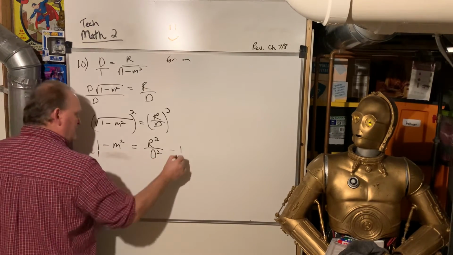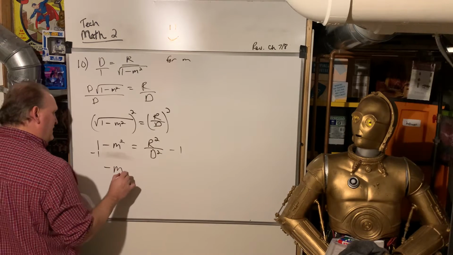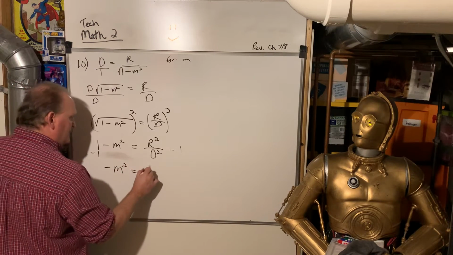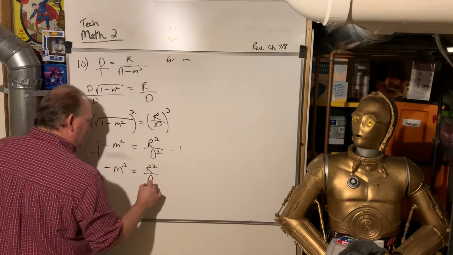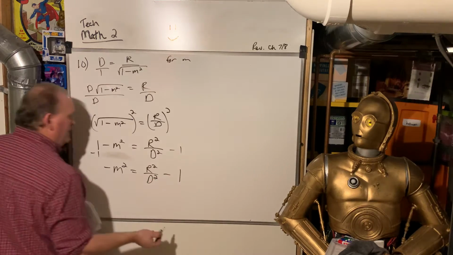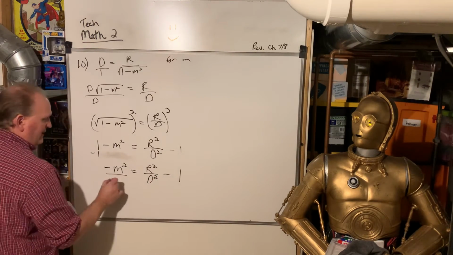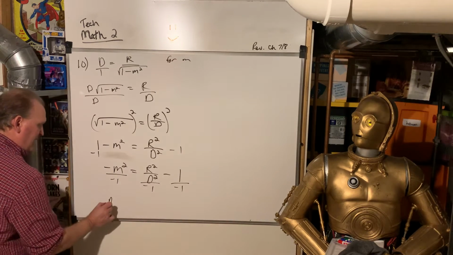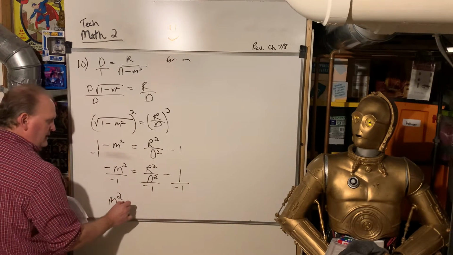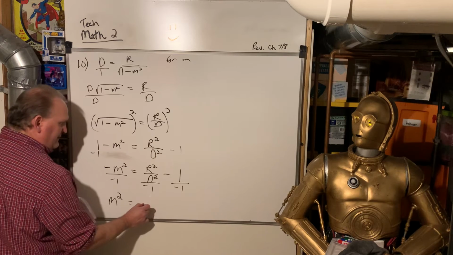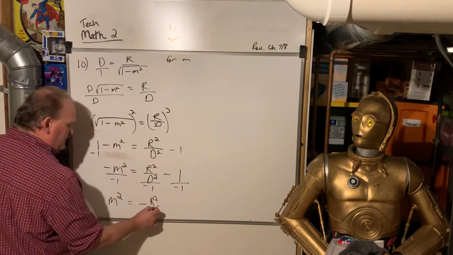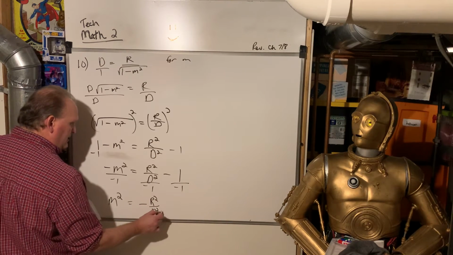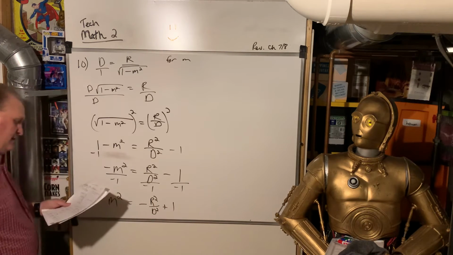Minus 1 from both sides, so I have negative m squared equals r squared over d squared minus 1. And now I divide everything by negative 1. So I end up with m squared is equal to negative r squared over d squared plus 1.